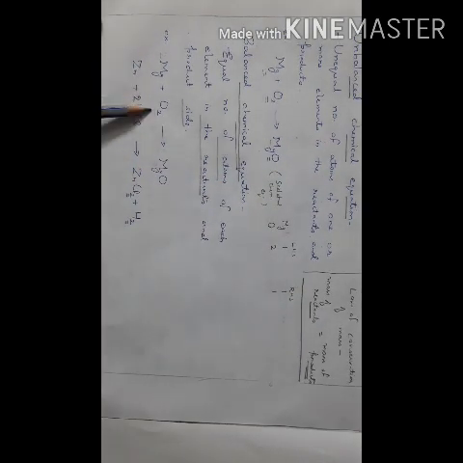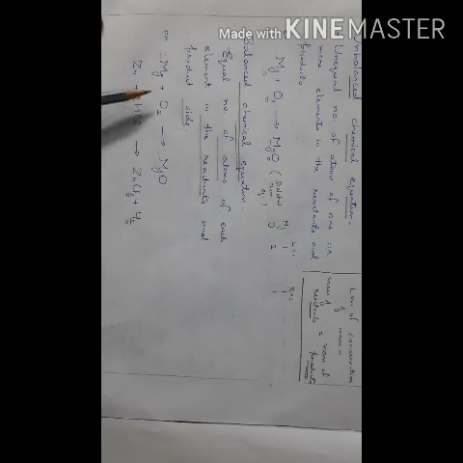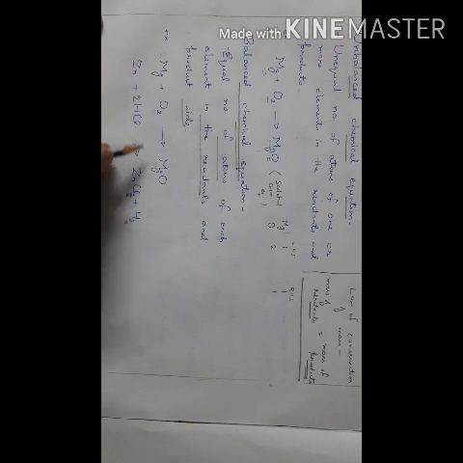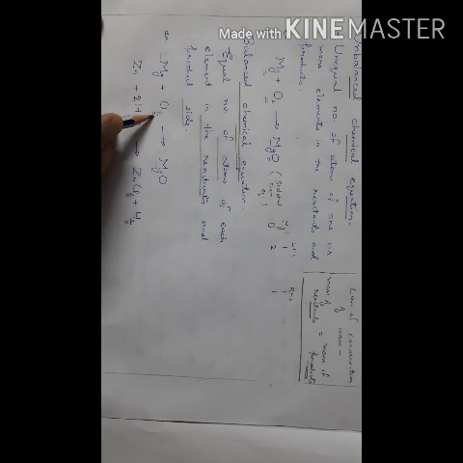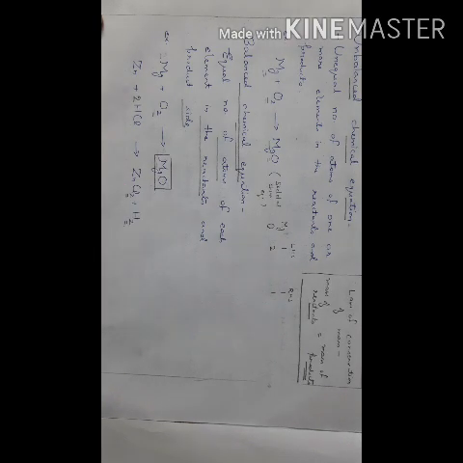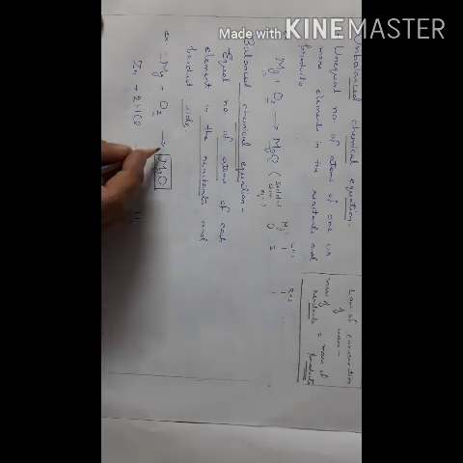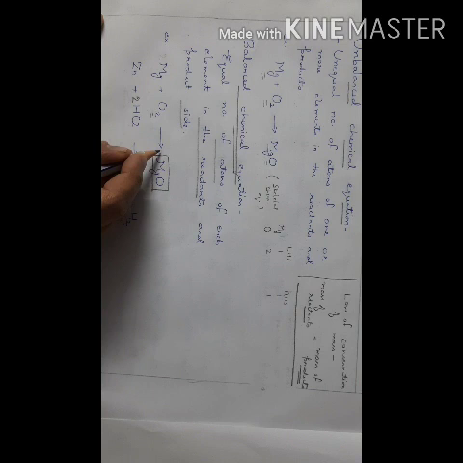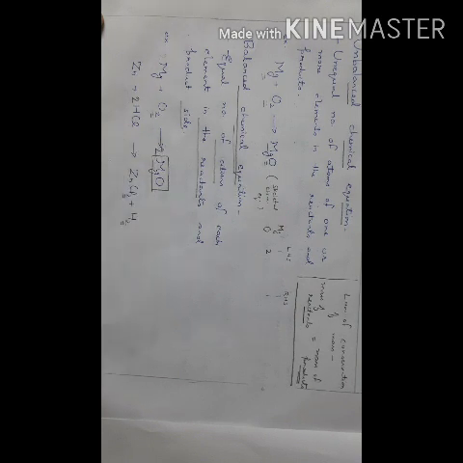Let us take an example. Mg plus O2 gives MgO. Here, the number of atoms of magnesium and oxygen are unequal on the reactant and the product side. To balance the number of atoms, we cannot bring about any change in the chemical formula. What we can do here is, to balance the number of atoms of oxygen, I write here 2.